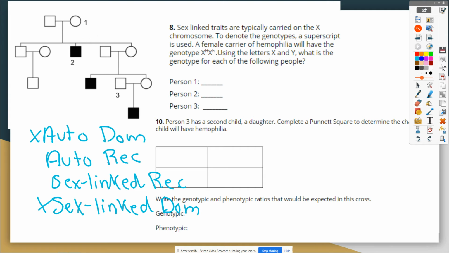What do I want you to do? I want you to tell me the genotypes for person 1, 2, and 3, and draw the Punnett square for question 10.